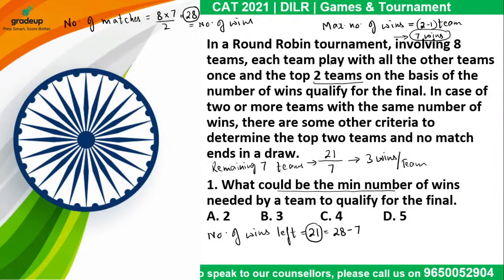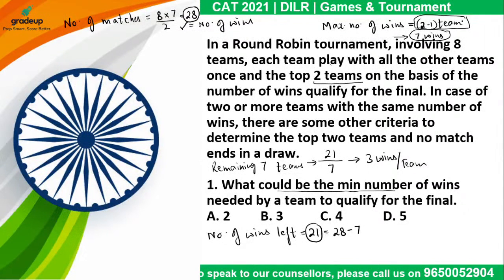I'm repeating the whole process again. First we need to find the total number of matches, which is the same as the total number of wins. Then I maximize the number of wins of these many teams. If two teams are reaching the next round, I try to maximize the number of wins of 2 minus 1. If 3 teams are moving to the next round, we maximize the wins of 3 minus 1 teams.